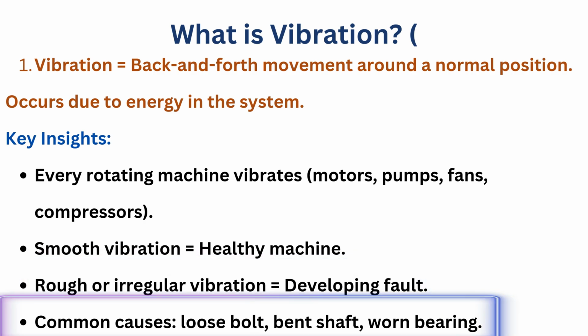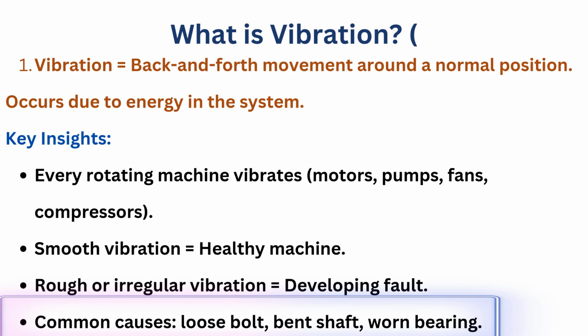The problems can be minor or major, like a motor or gearbox facing loose bolts, a bent shaft, a damaged bearing, or a worn gear in the gearbox. So there can be multiple reasons for that. By observing these changes, we can tell a lot about what's happening inside the machine without even opening it, right? Now there are multiple types of vibrations.